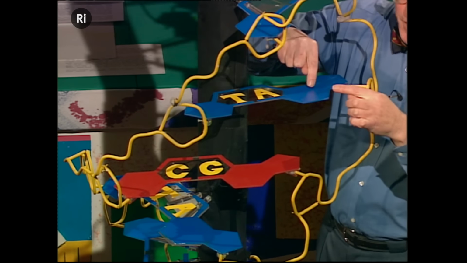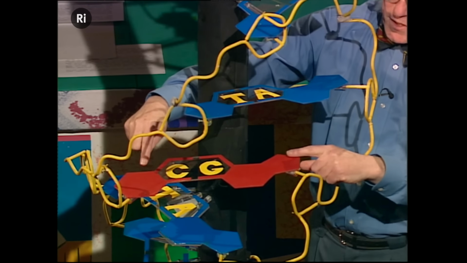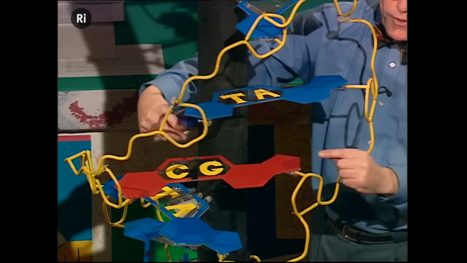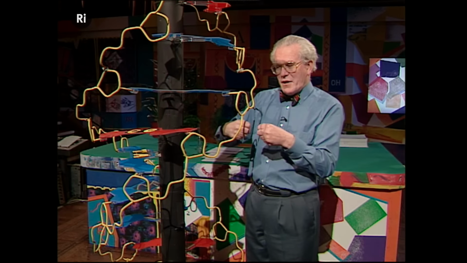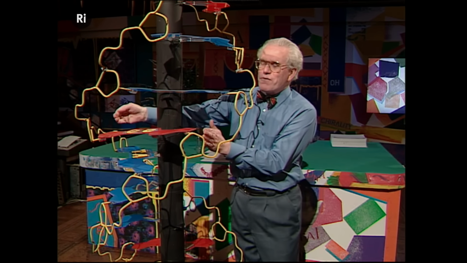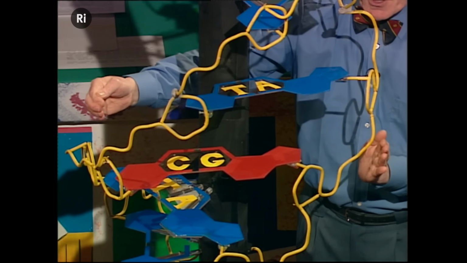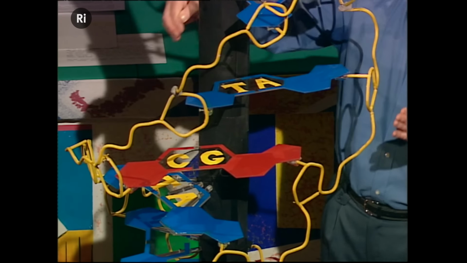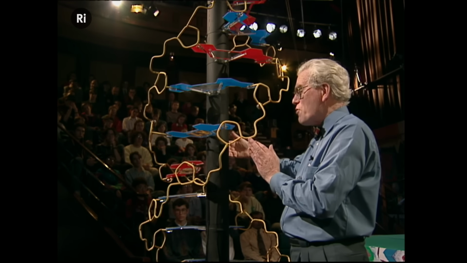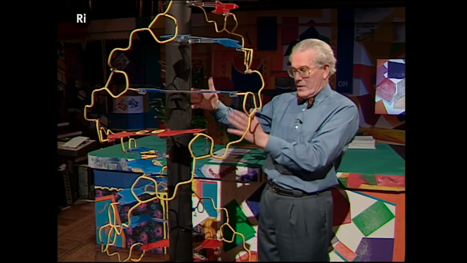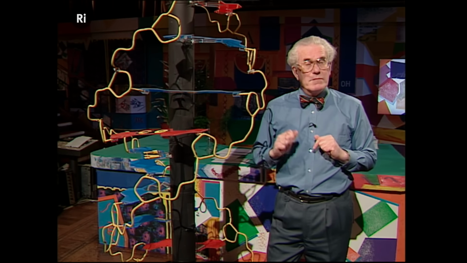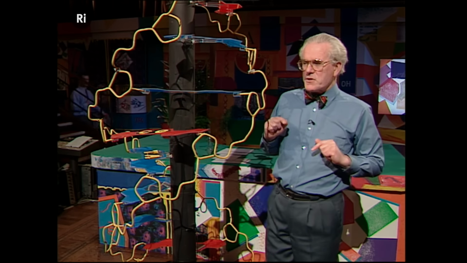Let's take this step, for example. Then we've got these lines here represent this sticking together of the bases on two separate banisters. And the effect of this stickiness is to pull the banisters together and give this molecule its shape. That stickiness imposes on the structure of this molecule its double helical structure. That's one point about the bases.